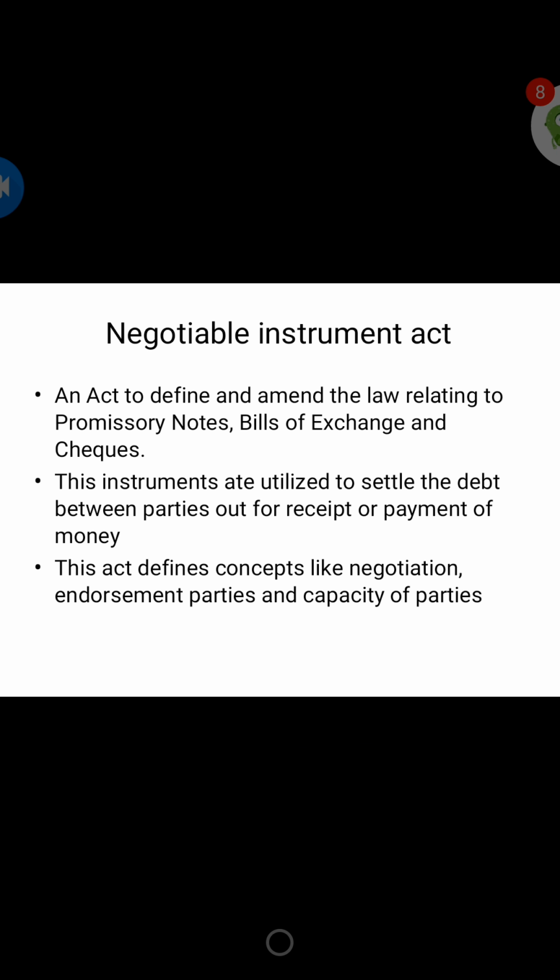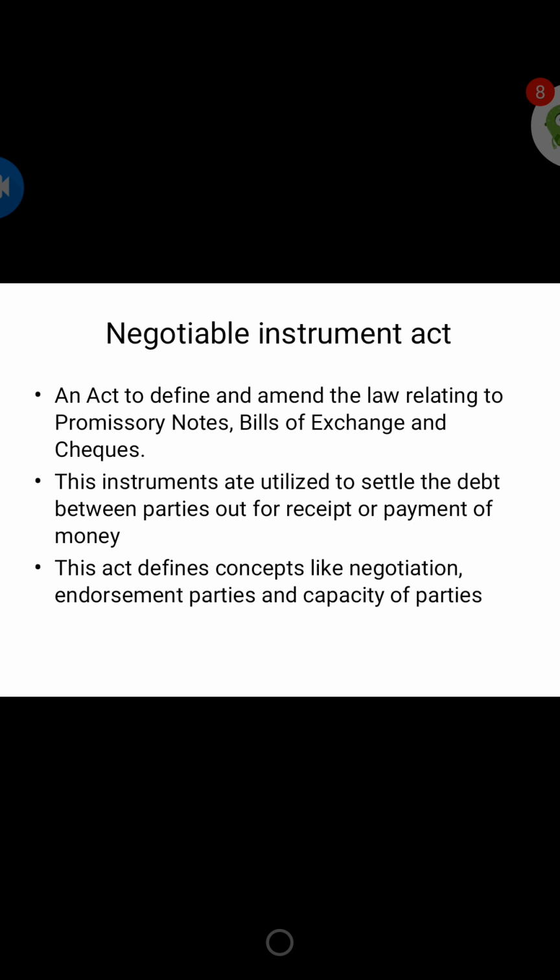So what is the Negotiable Instruments Act? It is an Act to define and amend the law relating to promissory notes, bills of exchange and cheques. These bills of exchange, promissory notes and cheques are negotiable instruments, or we can say these are examples of negotiable instruments.